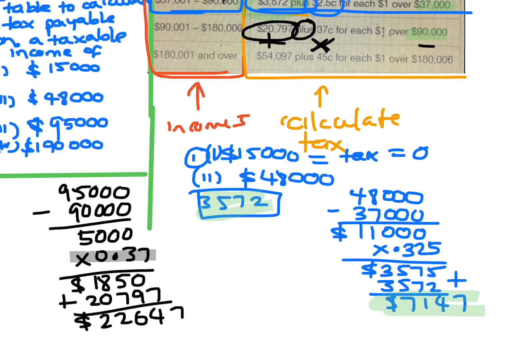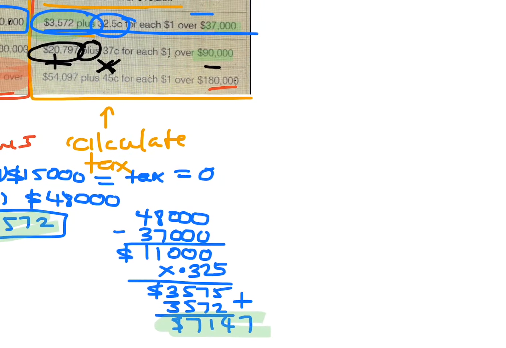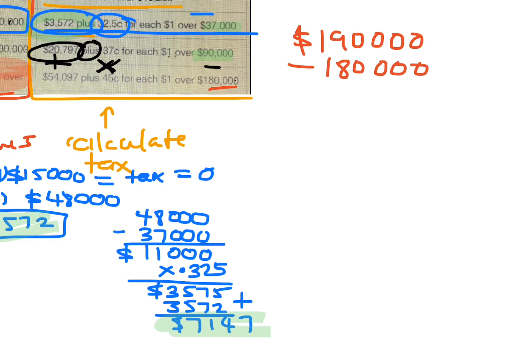Okay, so now we're going to do 190,000. We're going to find 190,000 and work out the tax on that. So 190,000 is going to be in your last bracket. Alright, so let's look at that. We're going to have to minus 180,000. So we're looking at 190,000, minus the last one, which is 180,000, which gives you 10,000.